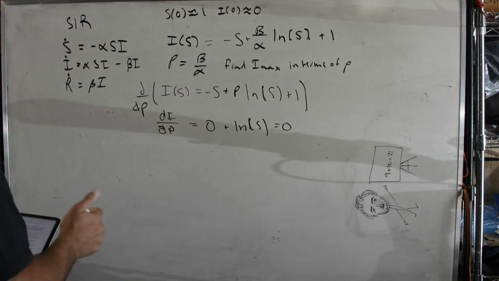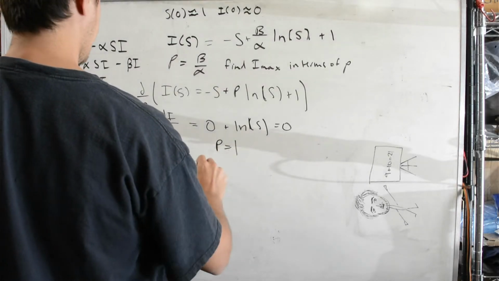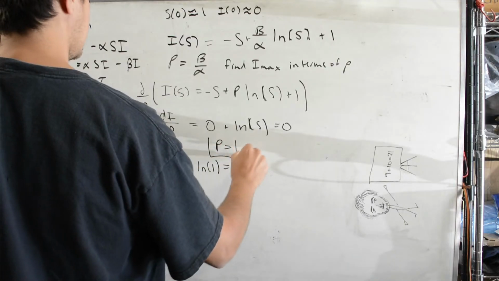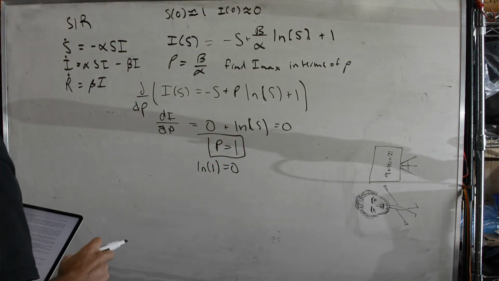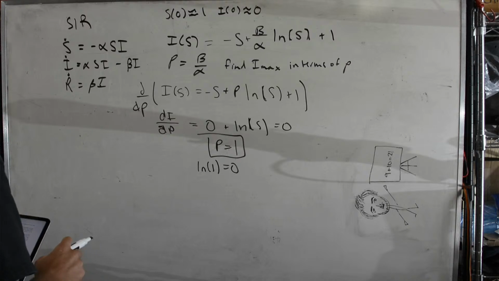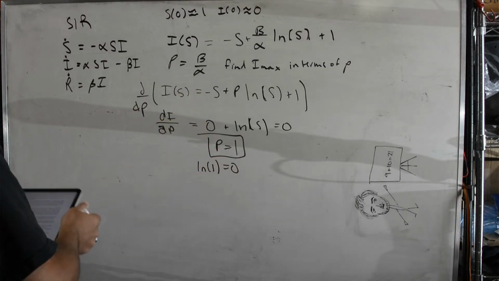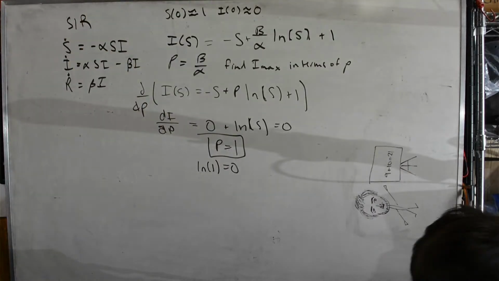So the zeros, it's going to be rho equal to 1 because ln of 1 is equal to 0. So this is what we want. So the maximum is going to be when... Okay, I'm pretty sure that's true.